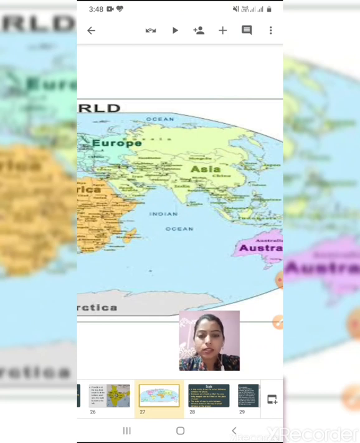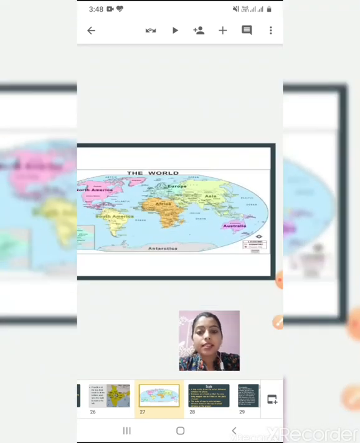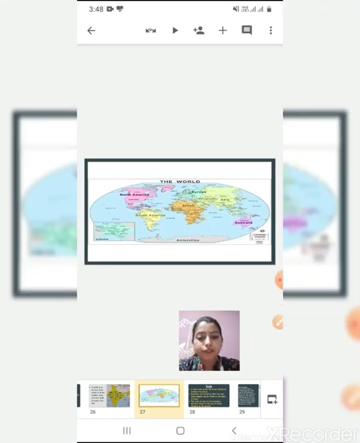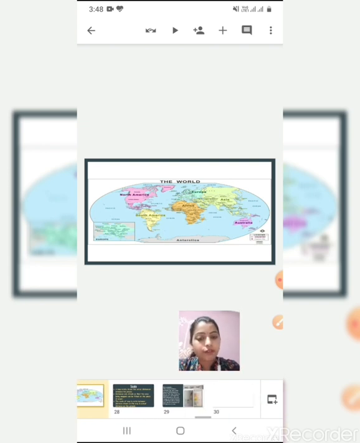India is like this only, small? No, it is not small. It is a very big country, but the distance is shrunk, which means the size of every country is shrunk so that the area fits on a piece of paper.